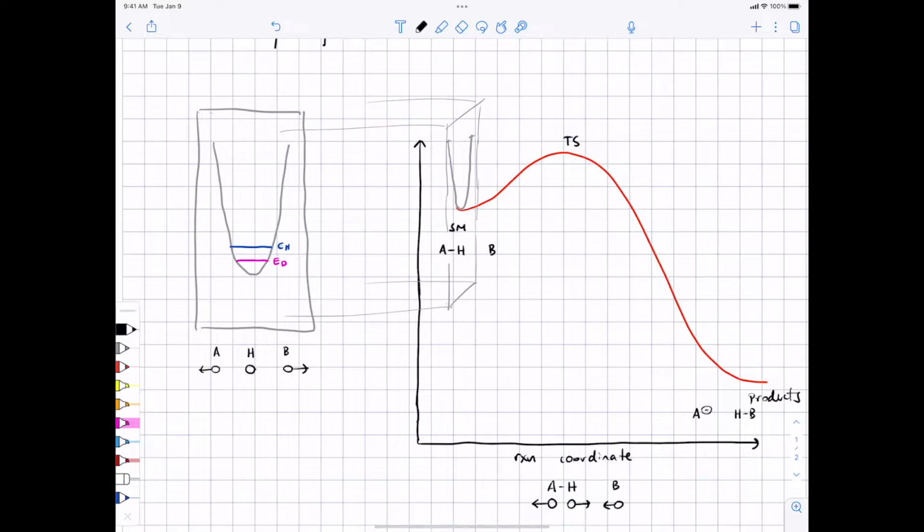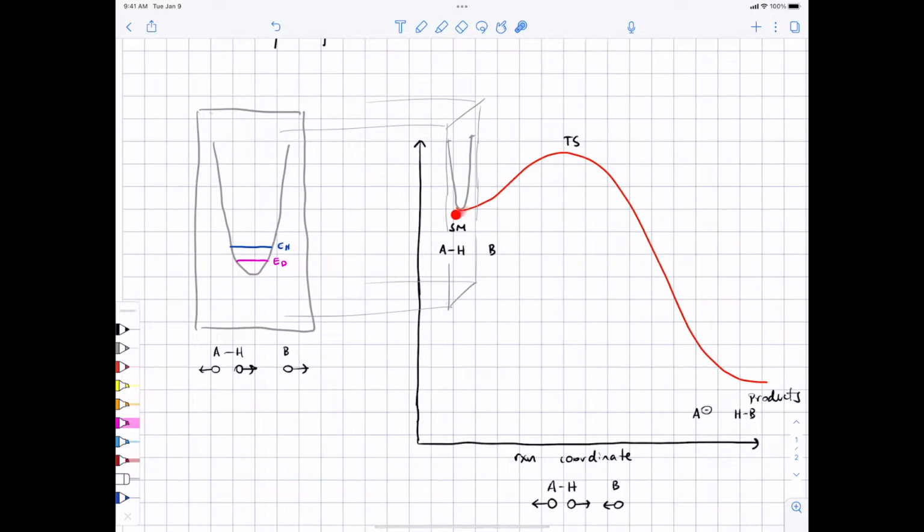So this might be some vibration of, let's see, H and A are sort of bonded to each other in this case. This might be H and A stretching like this, but B going the other direction in the same way as H. In other words, it's not the reaction coordinate, it's vibration along some degree of freedom that's orthogonal to the reaction pathway.